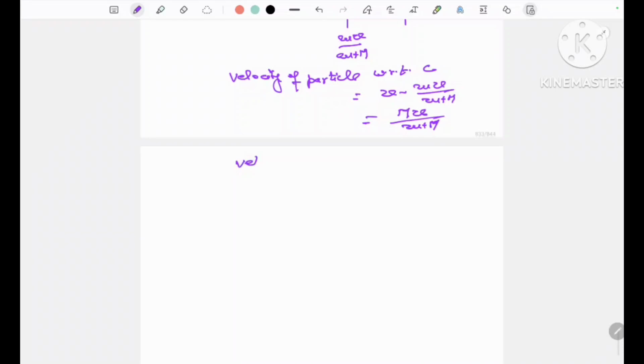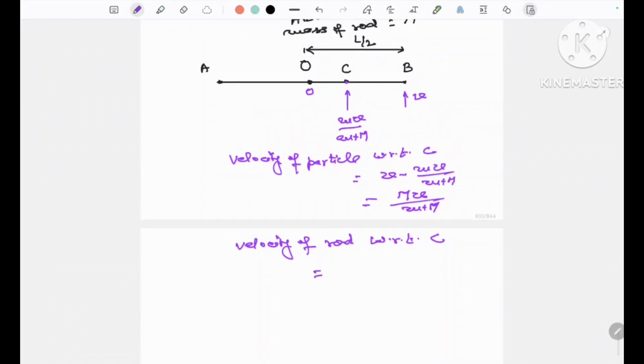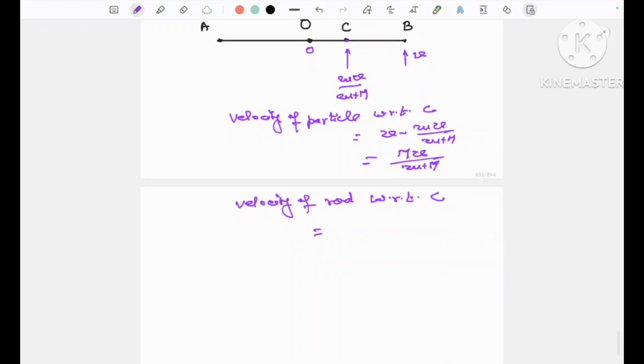Velocity of rod with respect to C is 0 minus mv by (m plus M), so minus mv by (m plus M). Suppose this is Vp and this is Vr.